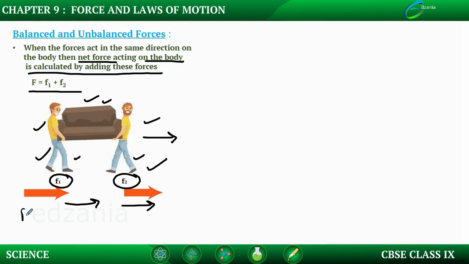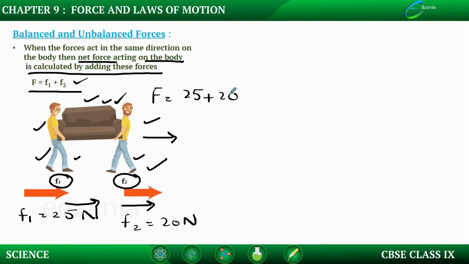Suppose F1 is 25 newtons and F2 is 20 newtons. Then, according to this, the net force acting on this object comes out to be F is equal to F1, which is 25 newtons, plus F2, which is 20 newtons.